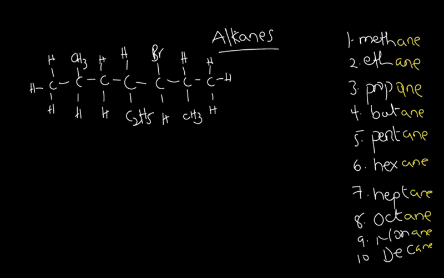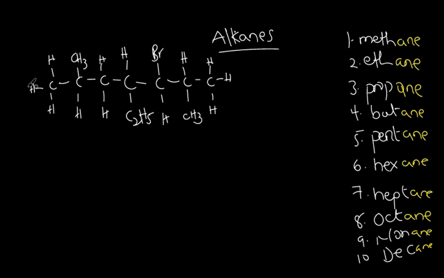As usual, we name the longest continuous chain, and the longest one we can see so far is this one. Mind you, the longest continuous chain can be branched. This branch is 2 carbons, so 2, 3, 4, 5, 6, or 1, 2, 3, 4, 5, 6, 7. In this example we have 7, so we will not consider the branch one. In some examples the longest continuous chain can branch, it can go like this, come like this, so it's not always straight.